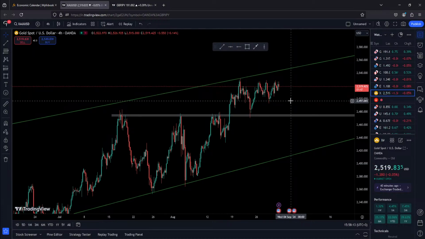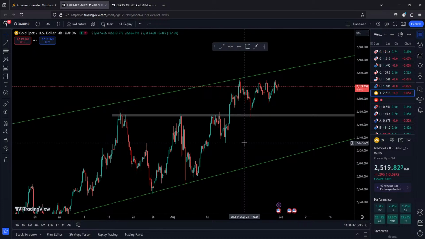So that means that this is a very strong key level, and if the market comes back down to this key level, then there is a very high probability that it can be retested again, and the market might form a support again, and then it will go up again.